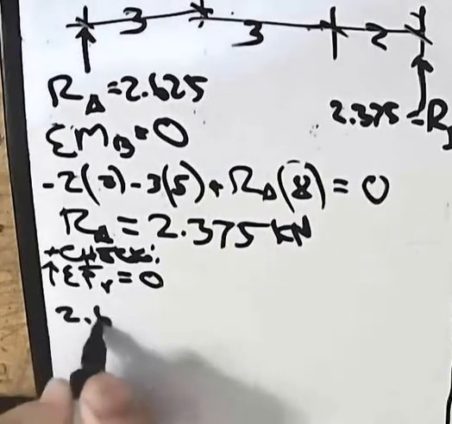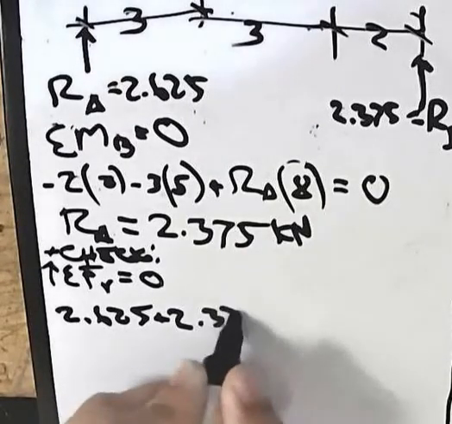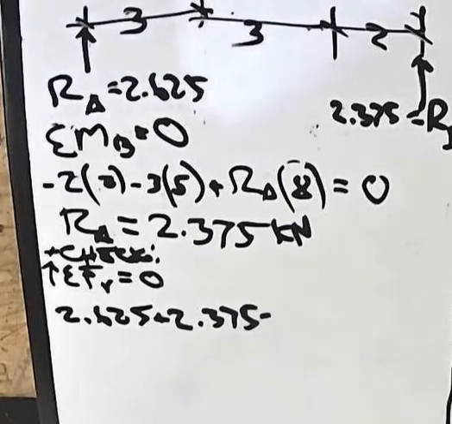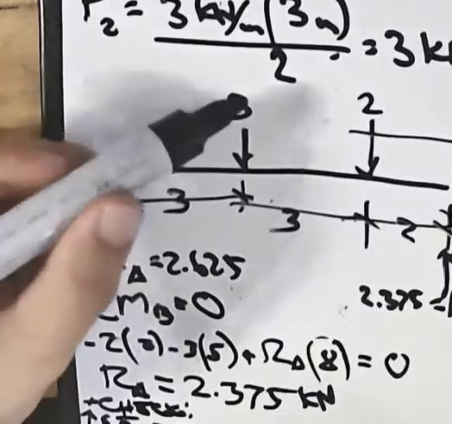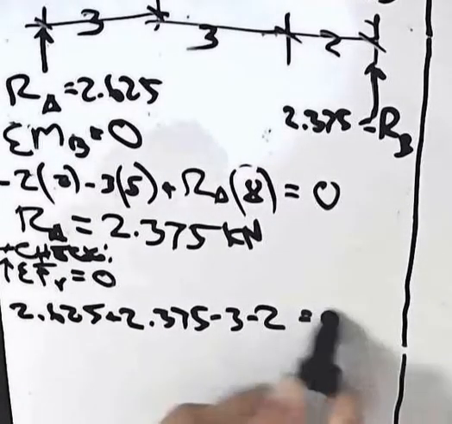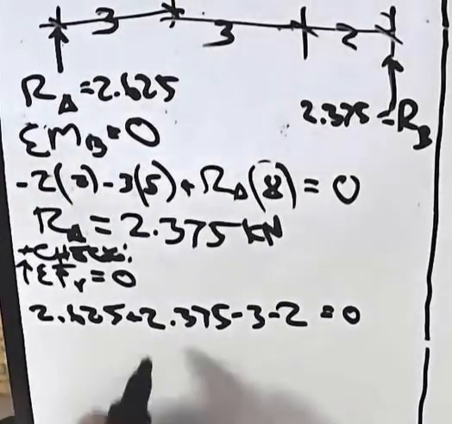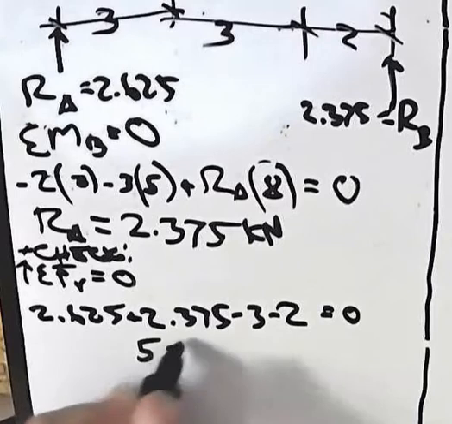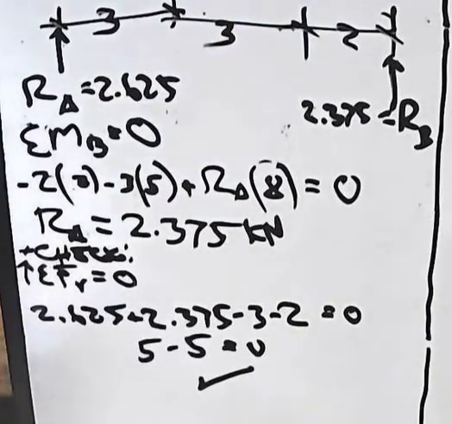So 2.625 plus 2.375 minus 3, that is the load, and the 2, is equal to, so this is simply 5 minus 5 equal to 0. Therefore, okay.